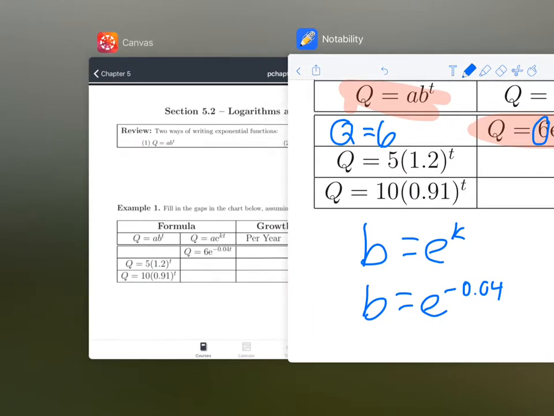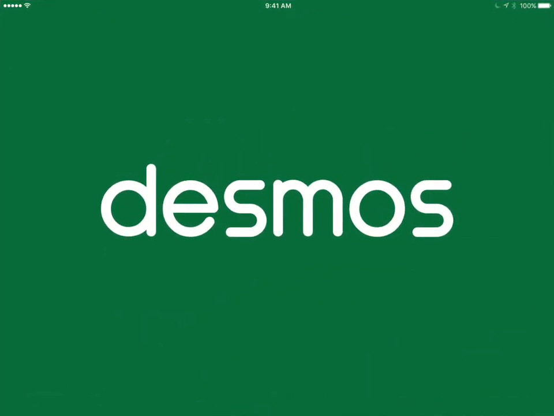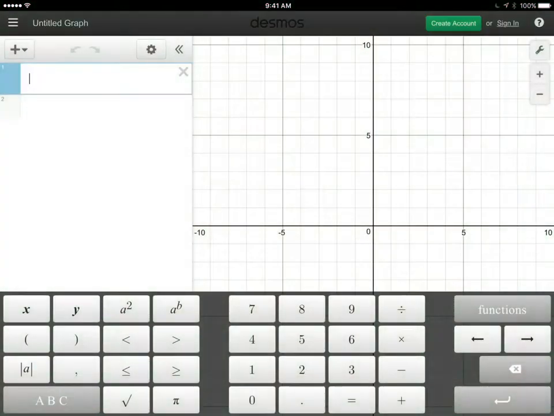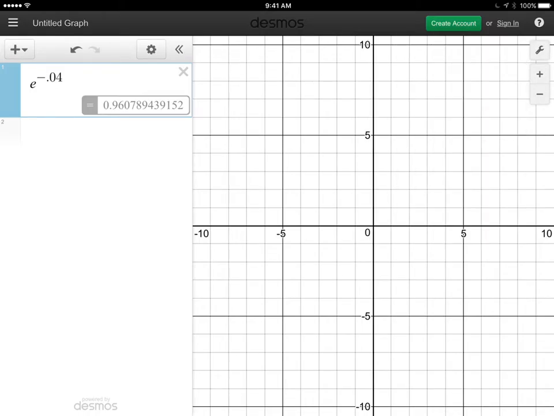So if I go over to Desmos real quick, I say quick, but it needs time to pull up because I forgot to pull it up earlier. All right, so we're going to do e to the negative 0.04. There we go. I'm getting 0.9608. So I'll go back there.